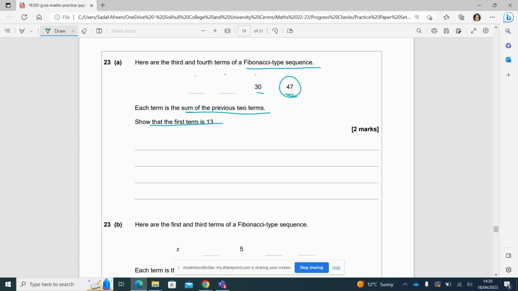So we start with the fourth term, which is 47. So we know that 47 is the answer if you add 30 plus something. So 30 plus something gives you 47. So if we find the difference of 47 minus 30, that gives you 17, and that will be the number which comes at the second place of this Fibonacci sequence, because we know that 17 plus 30 gives you 47.